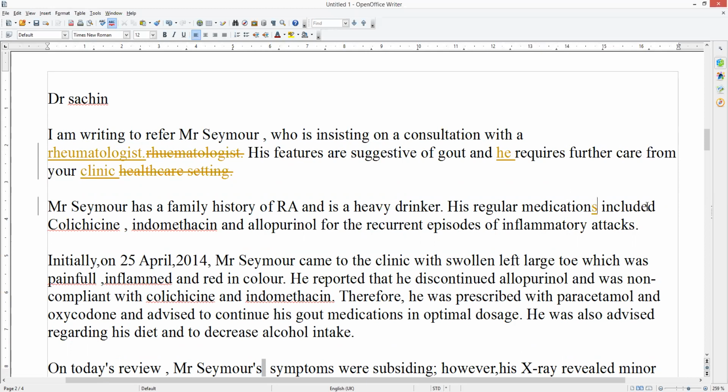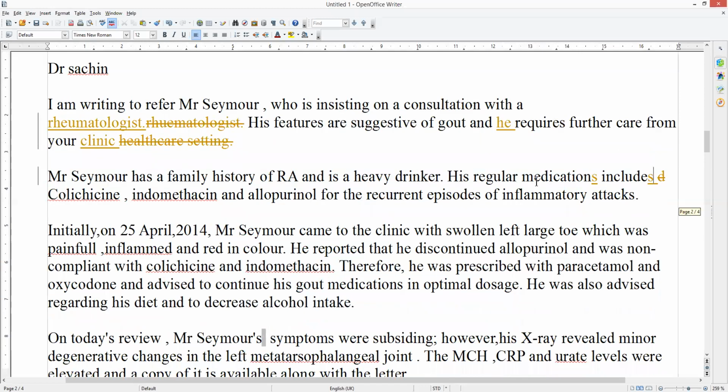His regular medication, and why is it included? Has he stopped actually taking them? No, so make it includes if it's regular. So if it is regular, it should be present simple, not the simple past, because it's not finished. So his regular medications includes, or his regular medication includes colchicine, indomethacin, alcohol, for the recurrent episodes of inflammatory attacks.